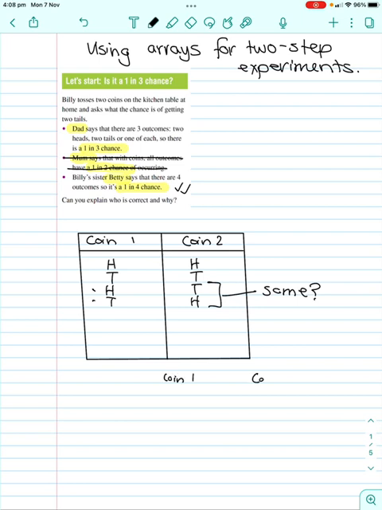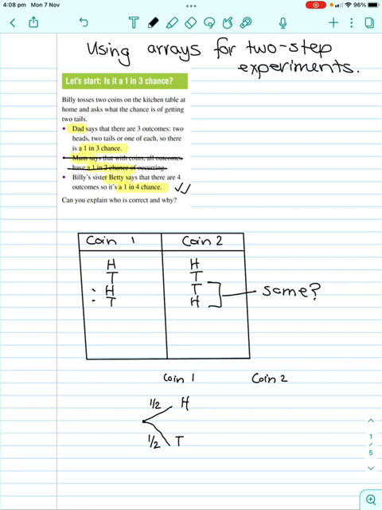So we're going to have coin 1, coin 2. And what a tree diagram is, it actually maps all your possible outcomes. So coin 1 has the options of getting a head or a tail. And there is a 1 out of 2 chance. So if we add both those probabilities together, we'll end up with a whole, which is what we want when we do probability.